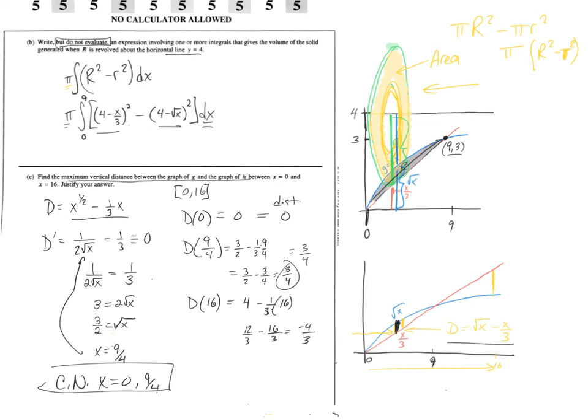This thing has a distance of 3/4 of a unit. But then, as expected, out at 16, the difference between the two values is negative 4/3, but that means the distance is 4/3. So your maximum distance is 4/3 at x equals 16.